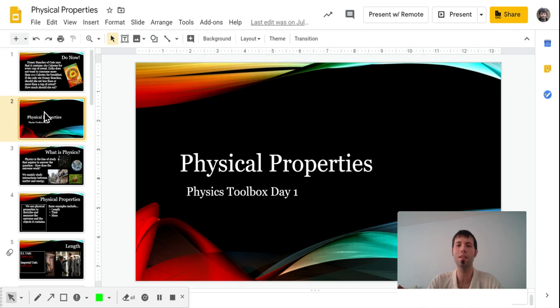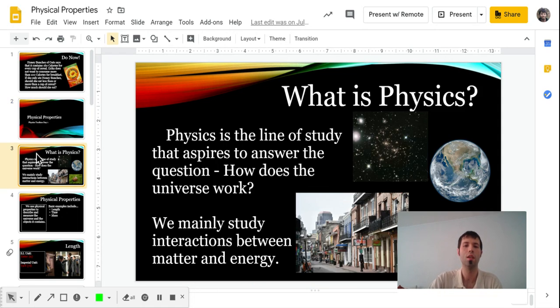Physical properties are basically the properties of the universe, how our universe works. You can almost think about this like pieces or rules of the universe. So before we get going, the class that you're enrolled in is physical systems, and the credit that you get is half of a science credit.